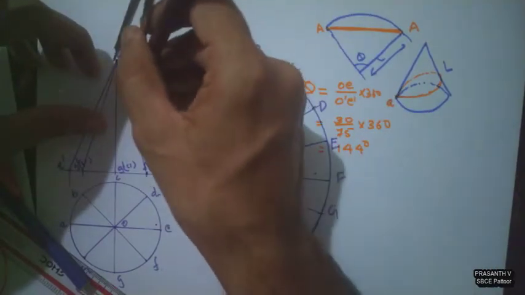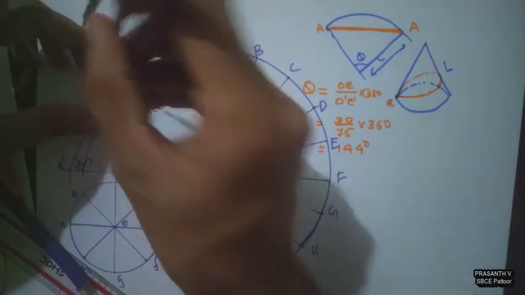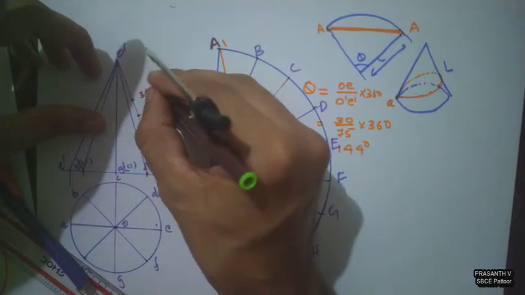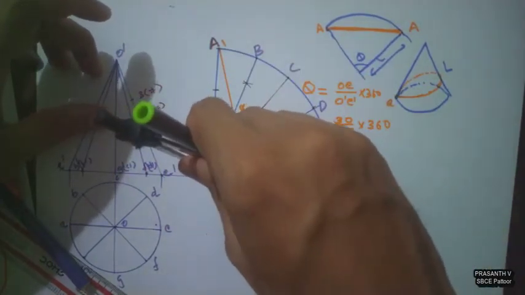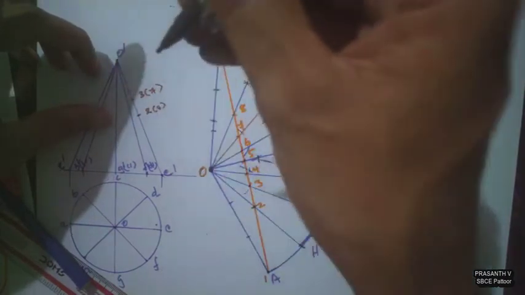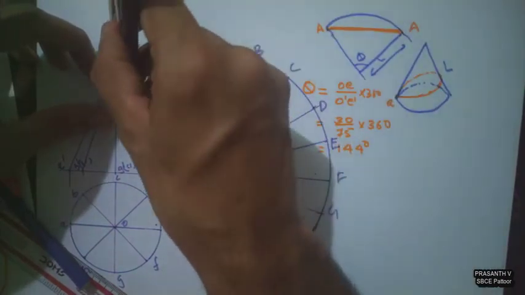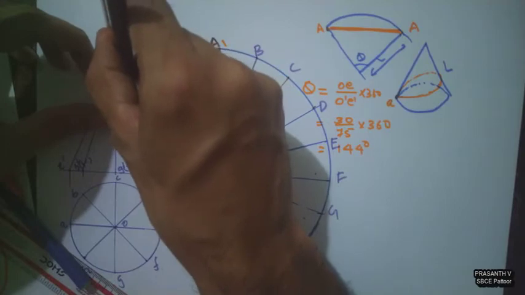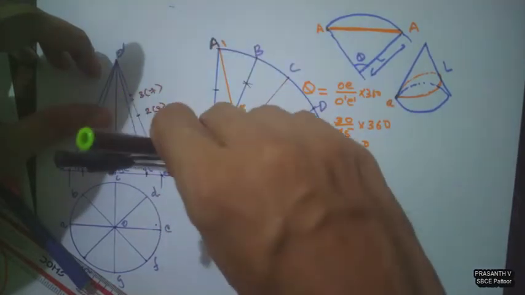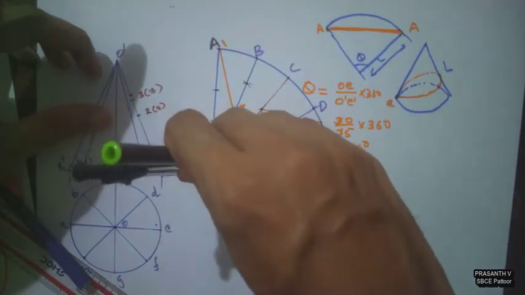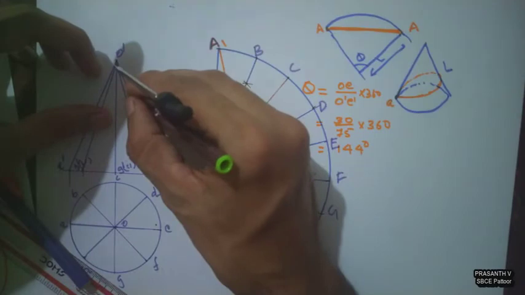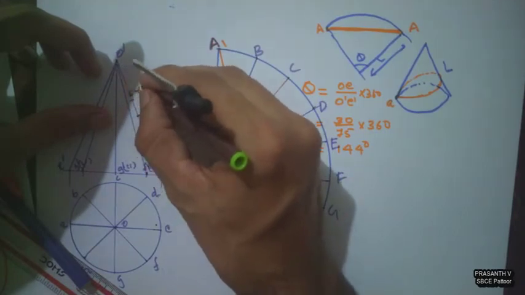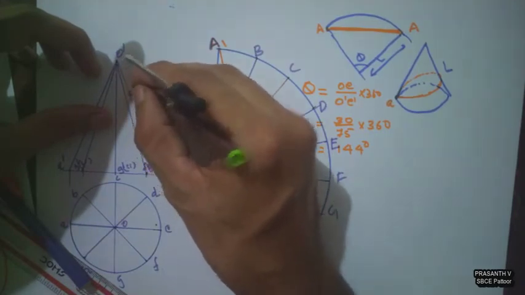Three and 7. Now 4 and 6. So this is 4, 6, this point is 5.